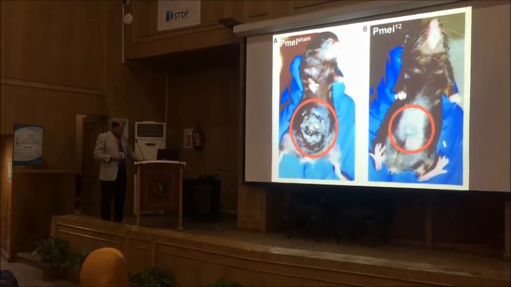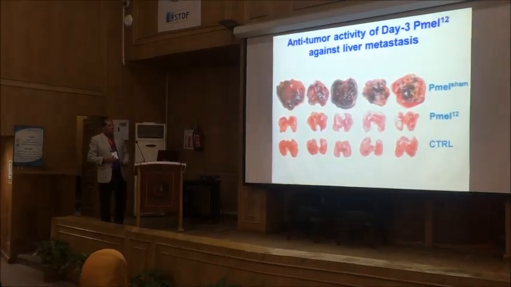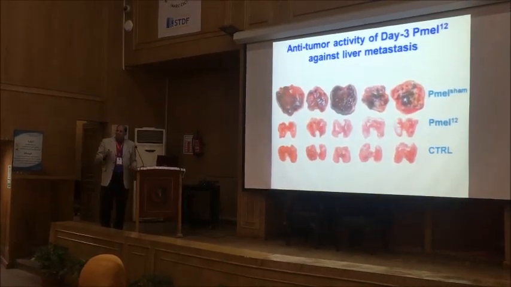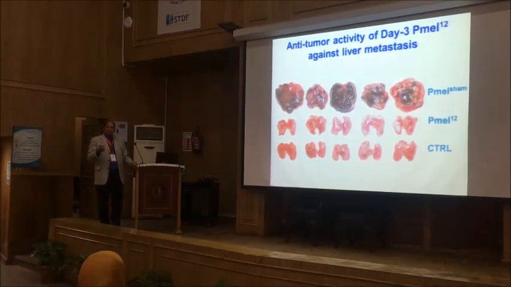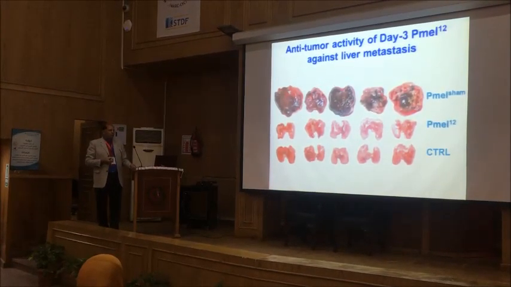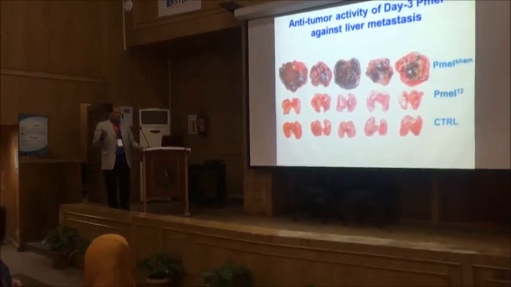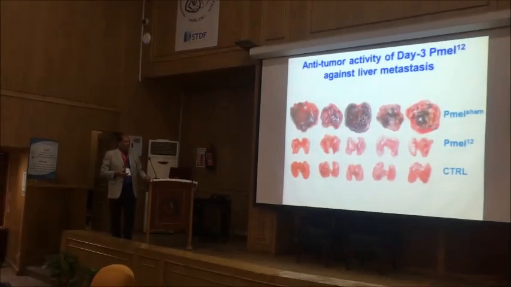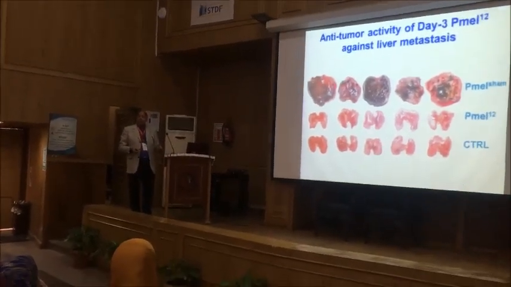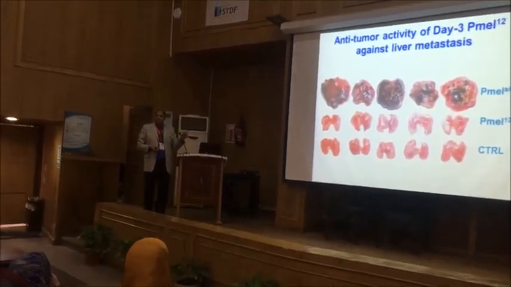We used another model, based on liver metastasis. You inject the tumor cells, B16 melanoma, which are black cells because they are melanocytes, through intravenous injection. They home into the lung, into blood.